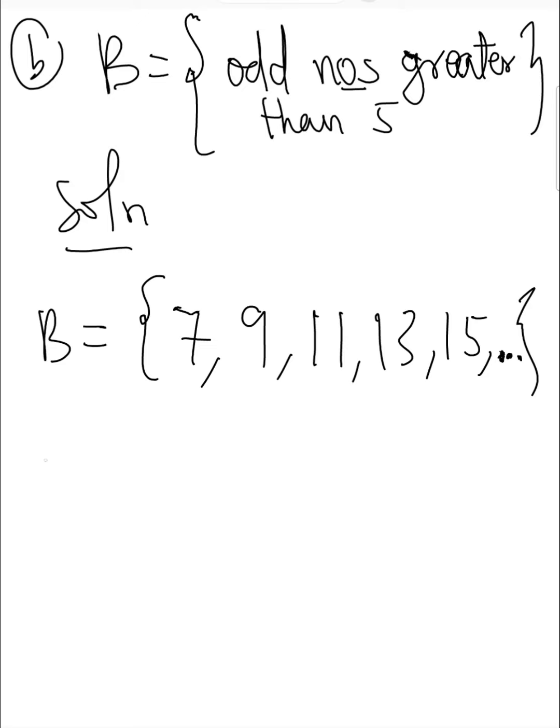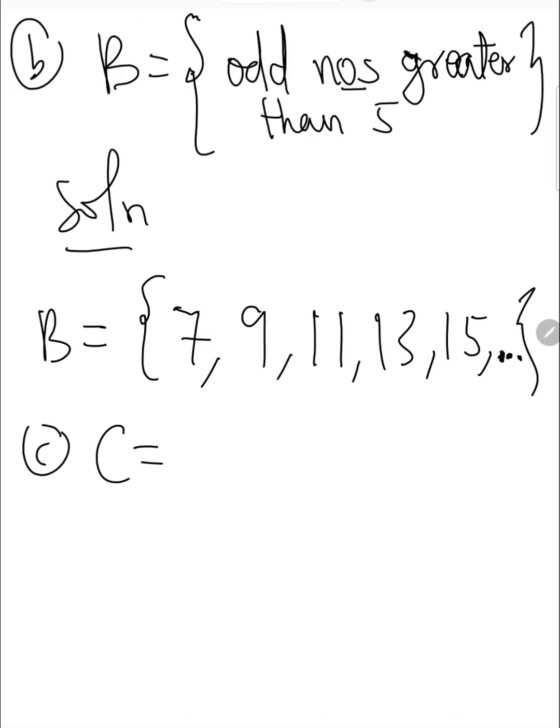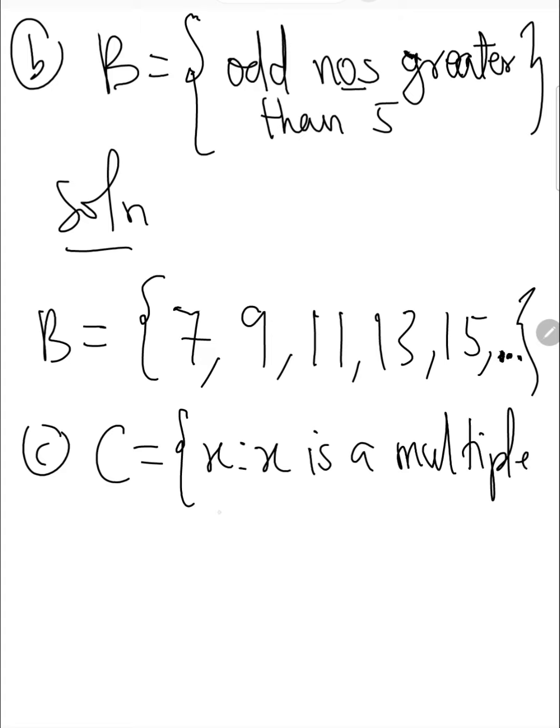Okay, let's look at another example. So C. Let's look at the set C. So the set C is equal to what? X is such that X is a multiple of 3 less than 20.